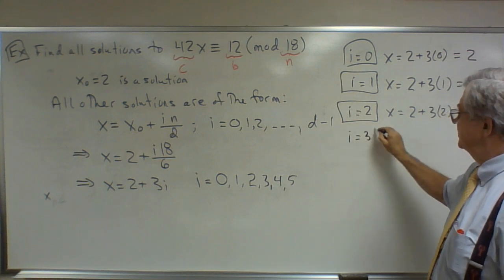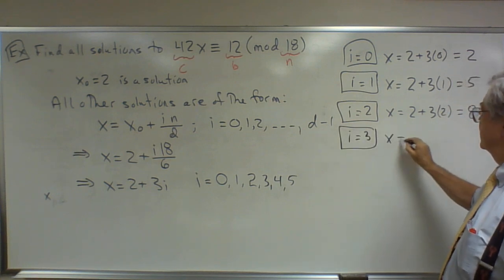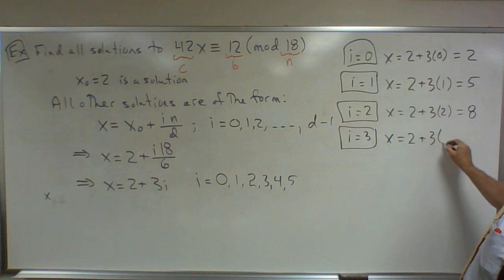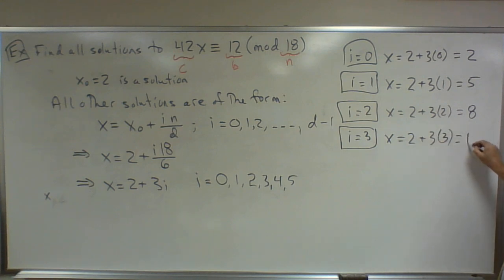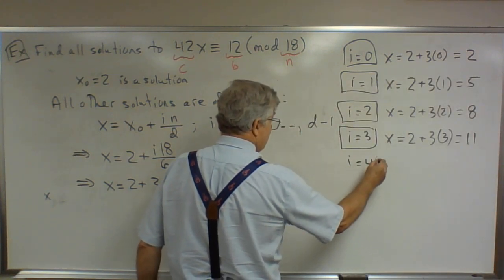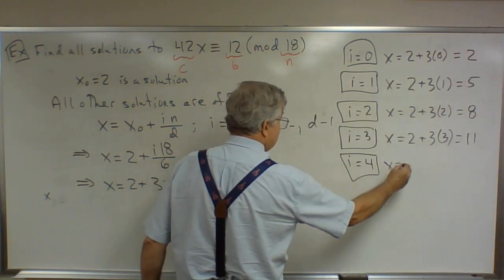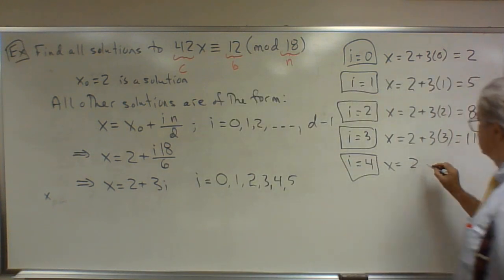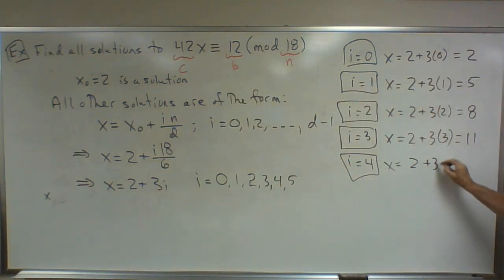I equals 3. X equals 2 plus 3 times 3, which is 11. I equals 4. X equals 2 plus 3 times 4, which is 14.